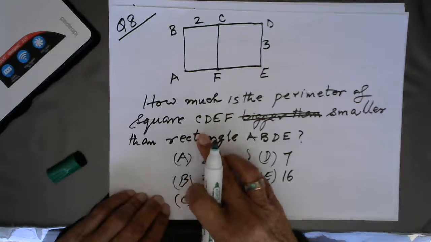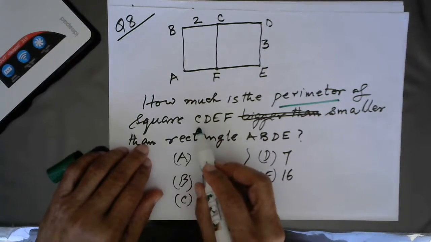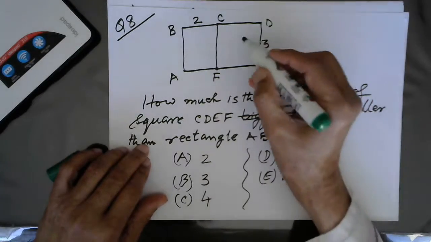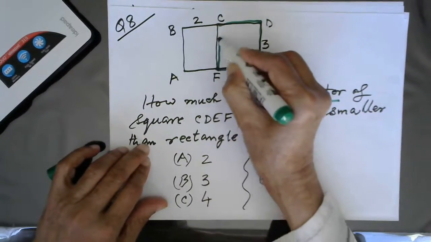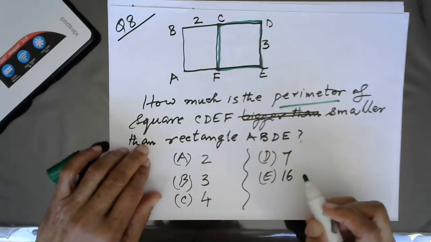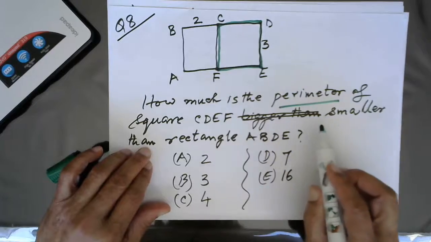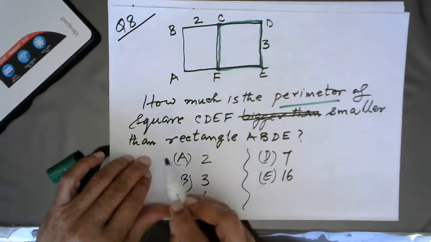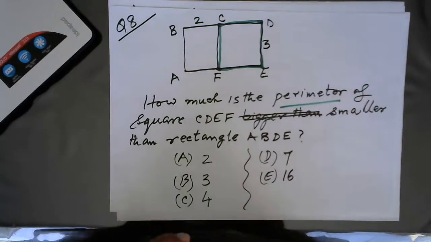How much is the perimeter of square CDEF? Well, this is CDEF. The square is smaller than the rectangle ABDE.